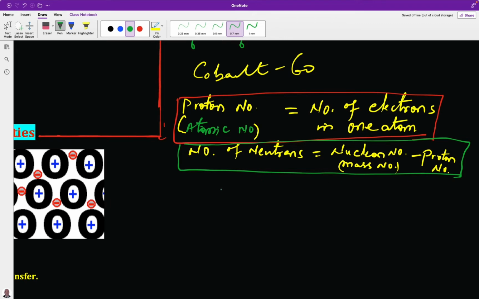When we do that, we can easily have our subatomic particles in order.